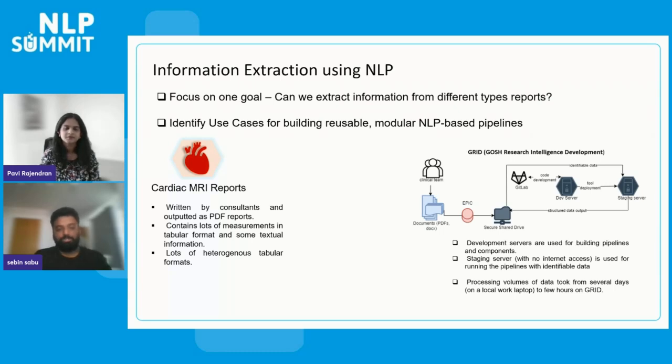It contains a lot of measurements in tabular format and some text information. Since it's been created over a long time by different physicians, it's heterogeneous in nature. It's not in a very structured or homogeneous format. Most of the clinical measurements they have taken over time are very valuable for researchers in precision medicine, drug discovery, or certain cohort-based studies in the cardiac domain.